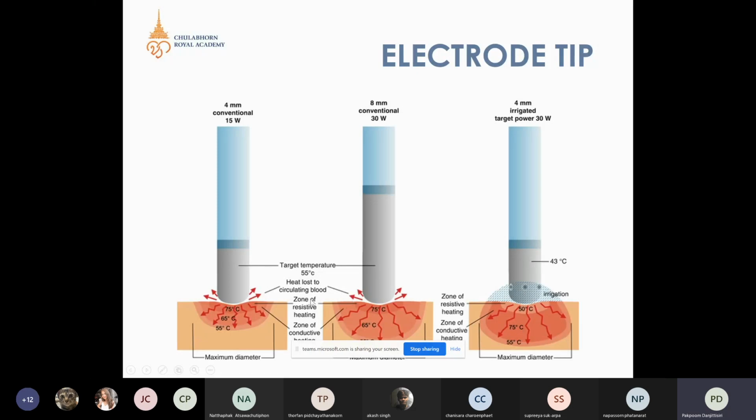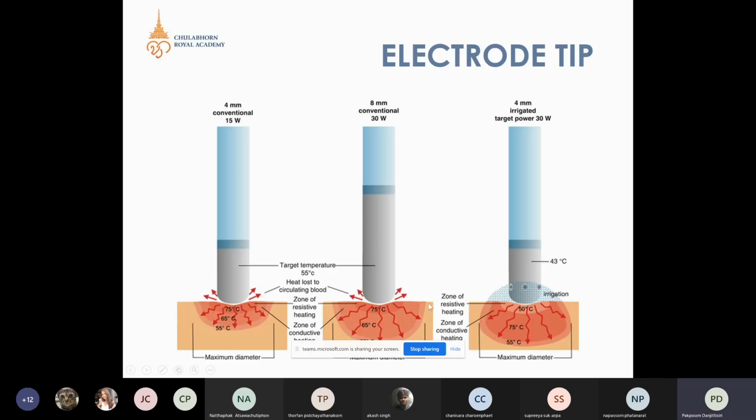And you can see the scar, or the affected area of the ablation, from both catheters. You will see that the 4 millimeter lesion is not as deep as the 8 millimeter, which can provide a deeper lesion in the cardiac tissue.